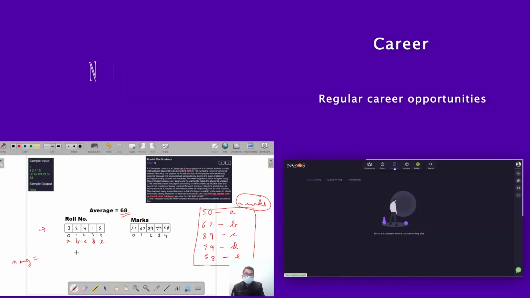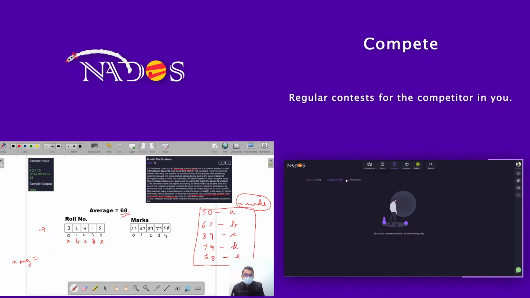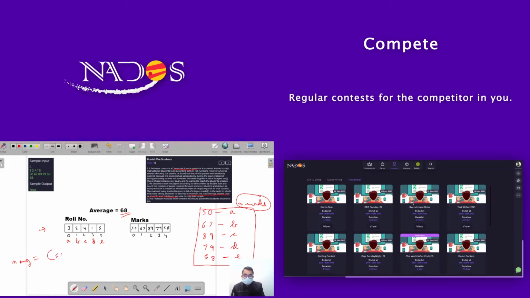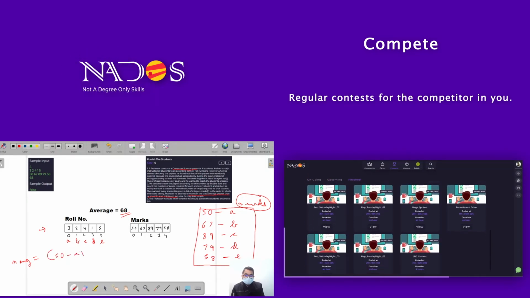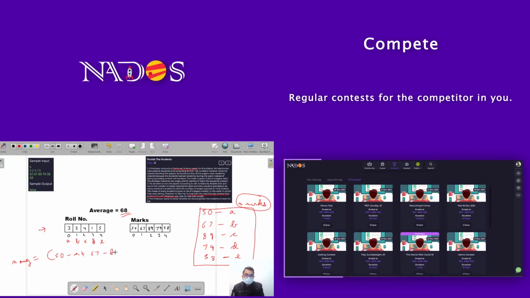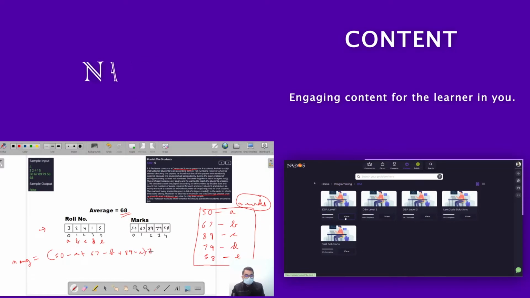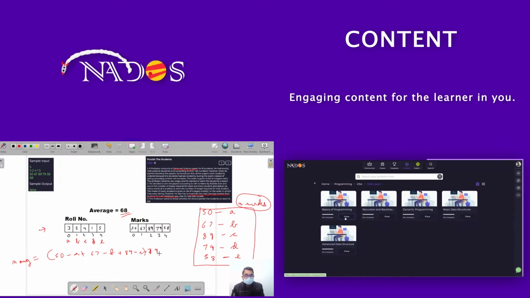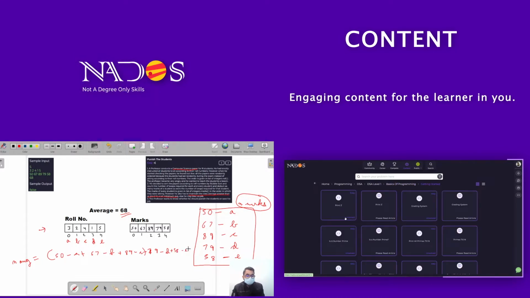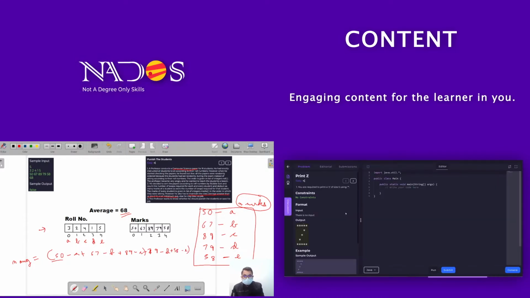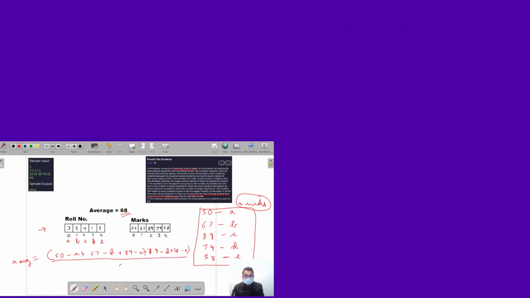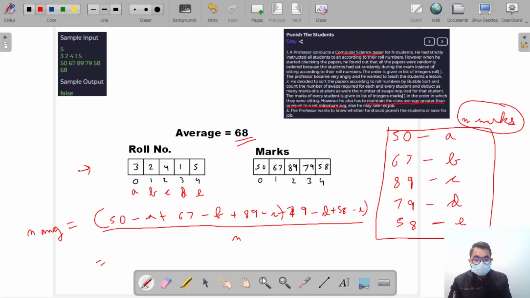So let's try to make an equation and calculate the new average: 50 minus A plus 67 minus B plus 89 minus C plus 79 minus D plus 58 minus E, divided by the number of students. This is going to give me the new average.